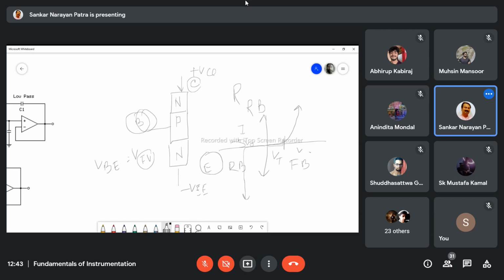In case of a transistor, if connected in forward bias, then that VT will be equal to VBE, which is 0.7 for silicon or 0.3 for germanium. Okay, excellent. So this one is forward bias and this one is reverse bias. Any doubt?